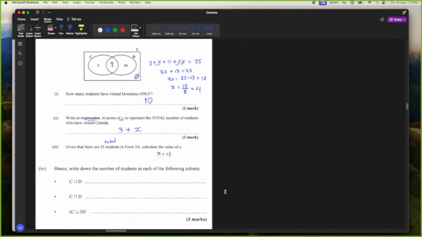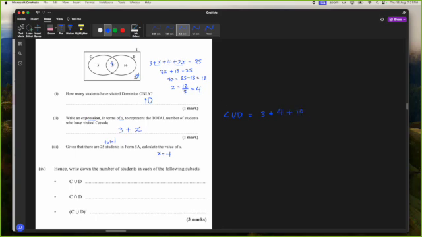Hence, write down the number of students in each of the following subsets. So we have the subset C union D. And we can see that C union D has 3 students plus the 4 students plus the 10 students.